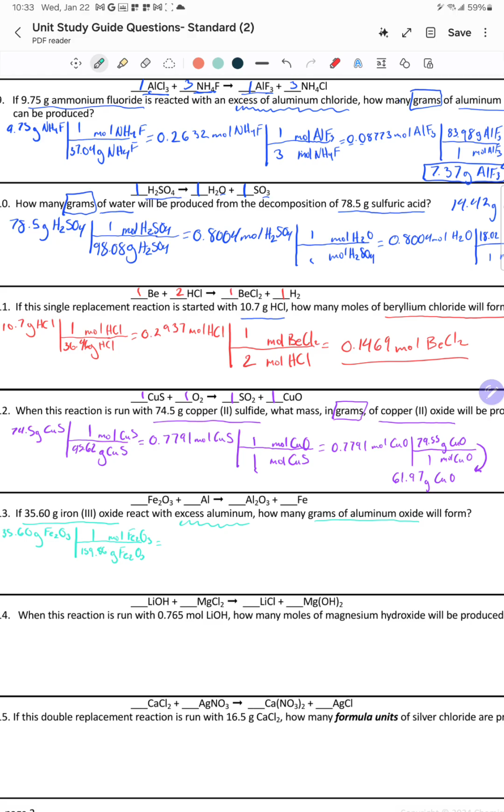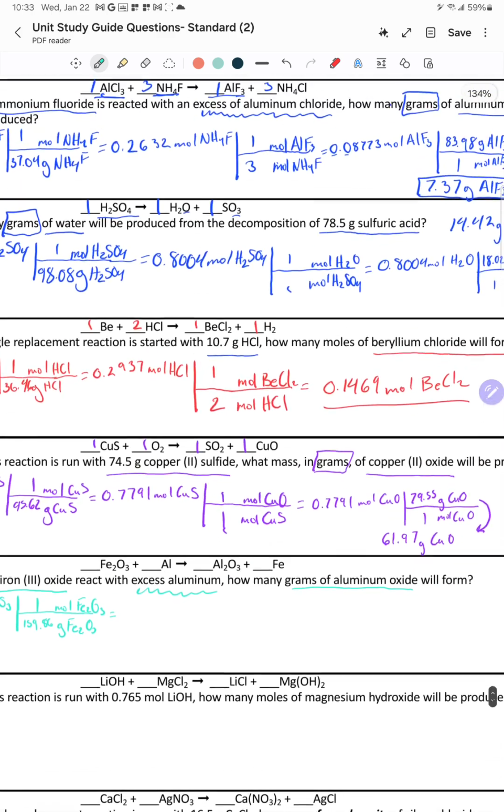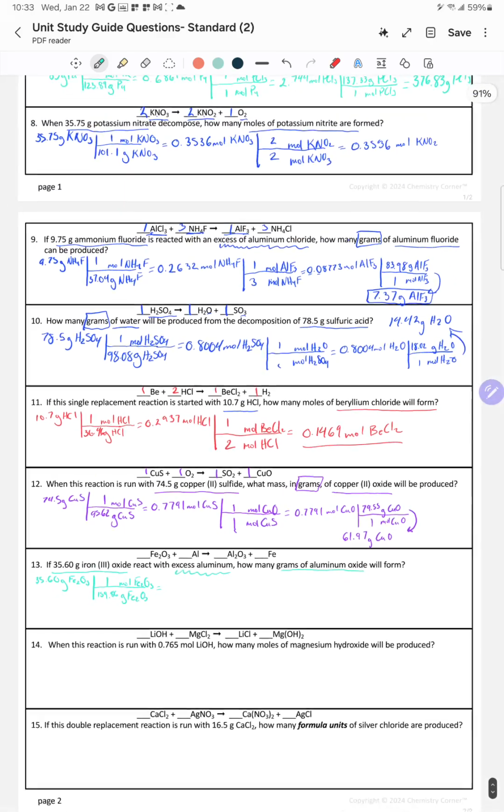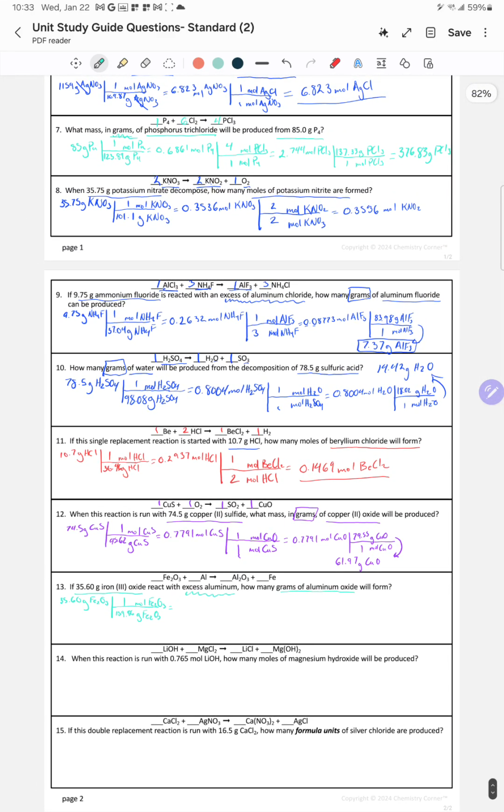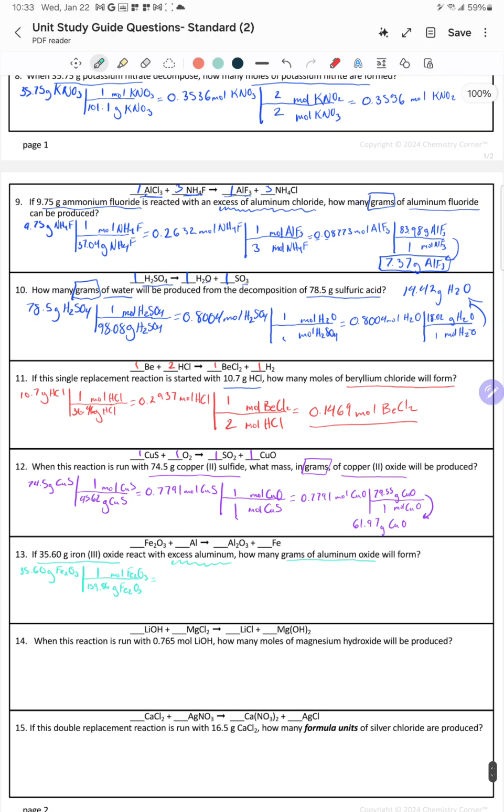Multiply top, divide by the bottom, and this gives me a total of 0.2227 moles of iron 3 oxide.